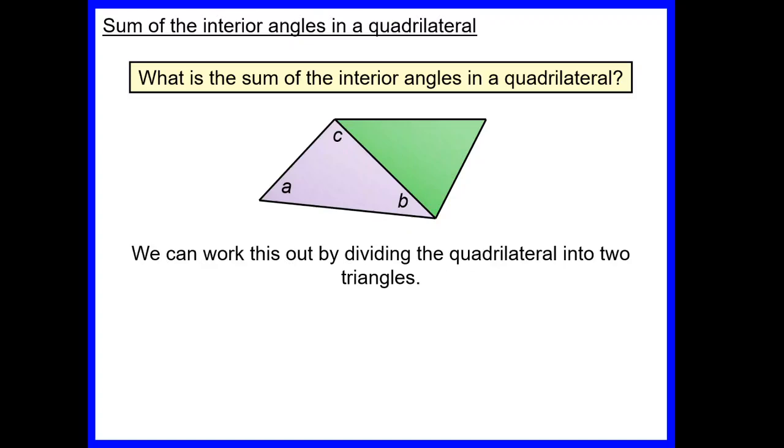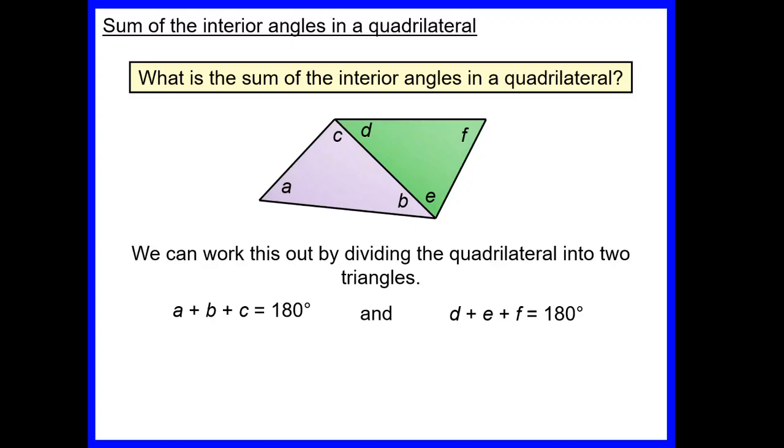We know the total interior angles in a triangle add to 180 degrees. We've then got our second triangle, the green one, which I'm going to call D, E and F. And again, the total interior angles in that triangle must also add to 180 degrees.